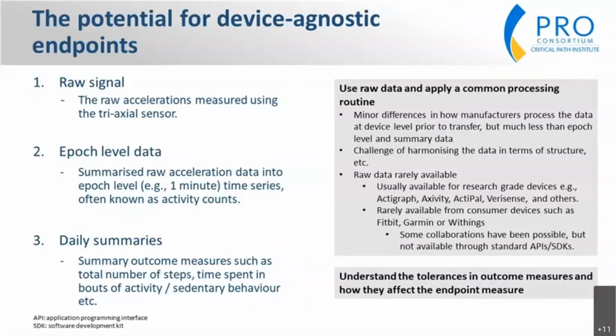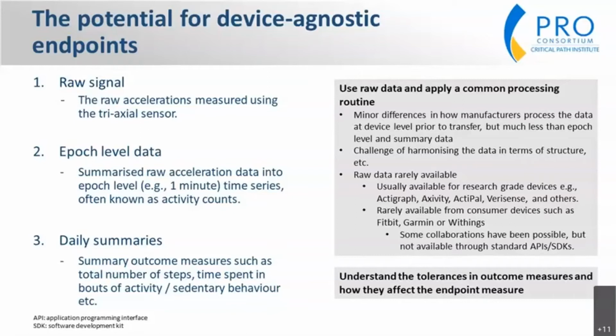However, raw data is much more consistent between devices, and typically devices are composed of similar sensors. There are minor differences at this raw data level in the processing and filtering of the data, but these are much smaller than the differences we would see in the processed data at an epoch level or a daily summary, which are generated by the proprietary methods built into those solutions.